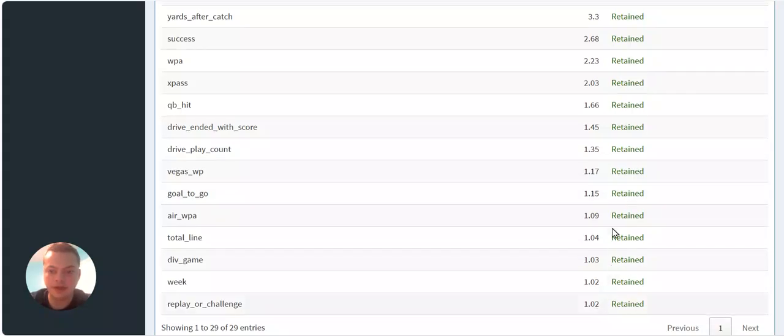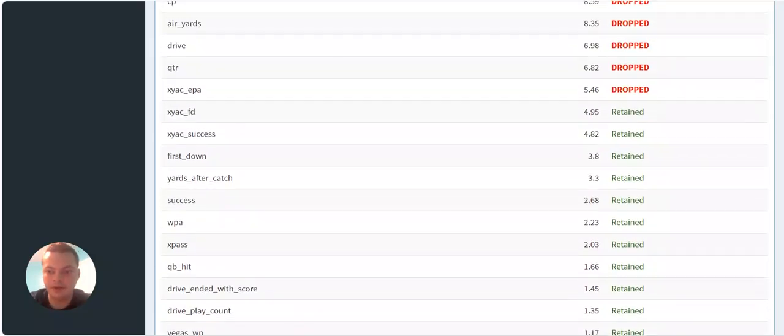And as you can see, many of them were closer to 1 than 5, and then you have some that were a little higher, 2.2, 2.6, 3.3, and then you get to the ones that were a little close to being dropped, which were first downs, and then definitely the two closest ones were expected yards after catch for success and expected yards after catch for first down.